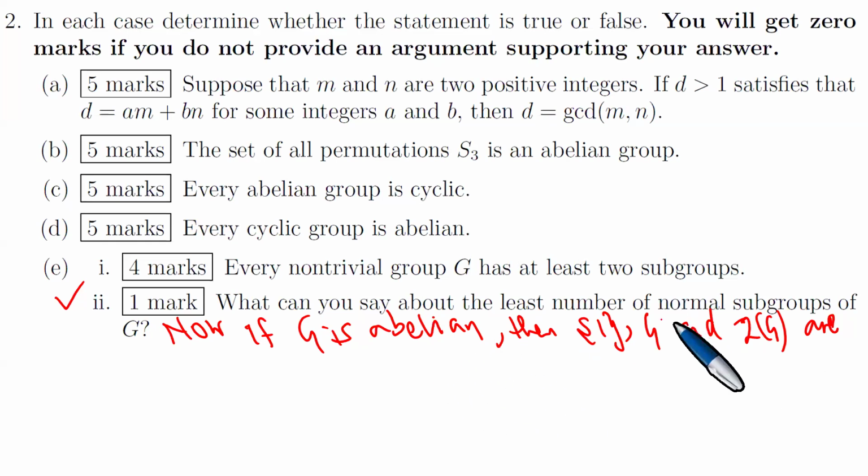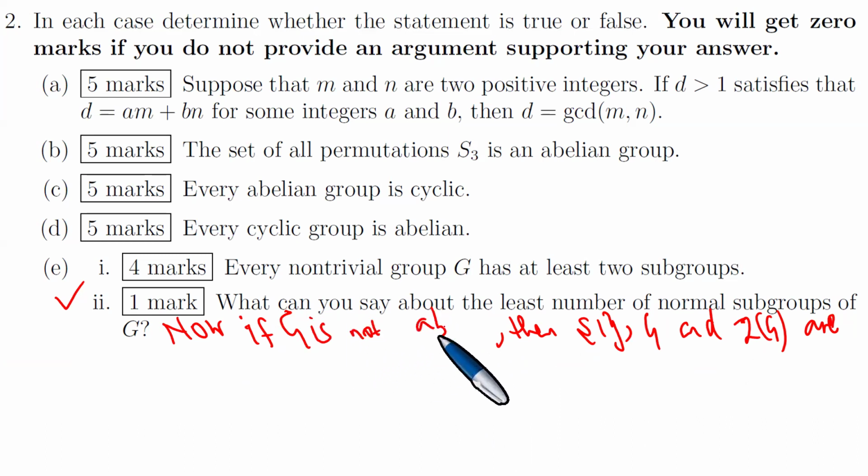What can you say about the least number of normal subgroups of G? We are here to play around with the questions in this section, looking at group symmetries. So if G is not abelian, then 1, G and Z of G are normal subgroups.